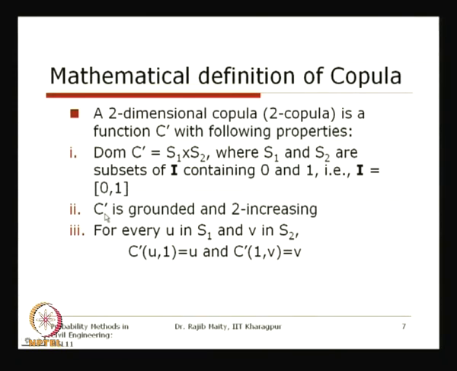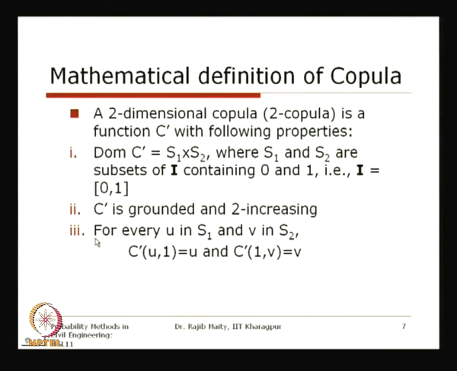Now, the function C prime is grounded and 2-increasing. These are two properties it should follow, and they have some correspondence to the 1-dimensional cases also. We will take both properties separately to discuss what these terminologies mean, what is grounded and what is 2-increasing, in a minute.